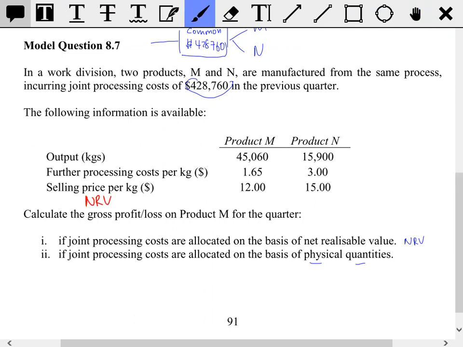NRV for M, 10.35. How to get 10.35? So NRV is 12 per unit, or per kg. Can we calculate the total NRV?